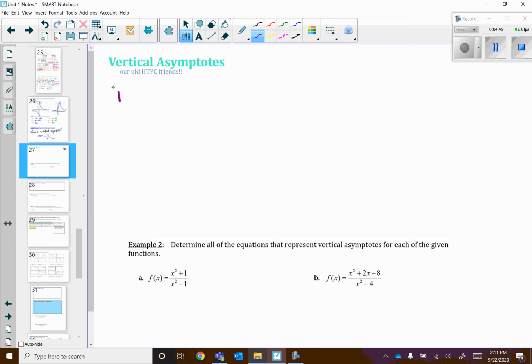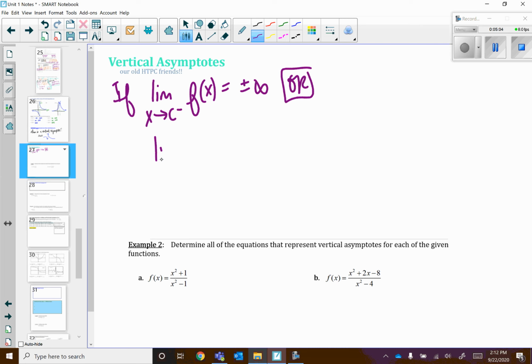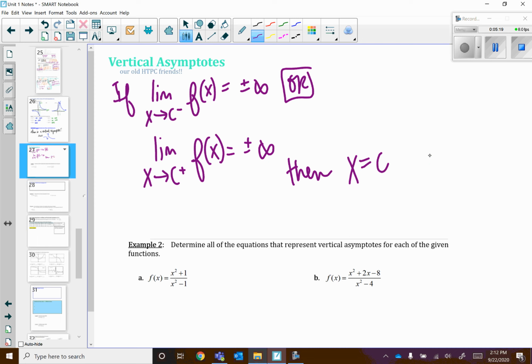If the limit as x approaches some value c from the negative side of that function is equal to either positive or negative infinity, or the limit as x approaches c from the positive side of that function is equal to positive or negative infinity, if either of these things are true, then x equals c, that line, is a vertical asymptote.